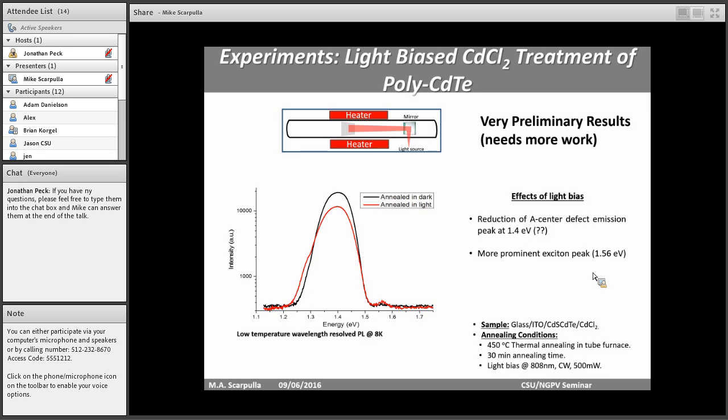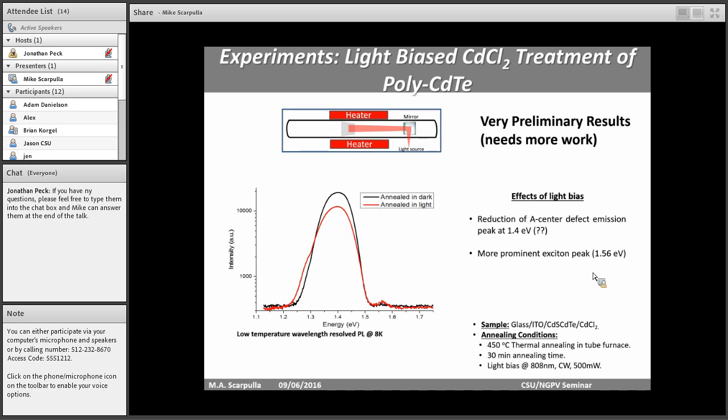There's also obviously two other features that change in the spectrum. The exciton peak in the red curve, the exciton peak at 1.55 or so electron volts, becomes a little more pronounced in the one annealed in the light, which suggests that the minority carrier lifetime is at least longer.